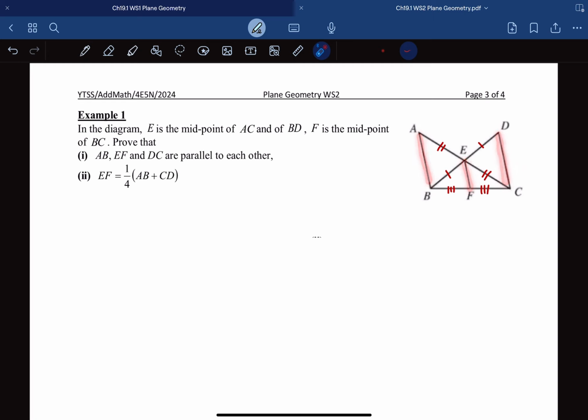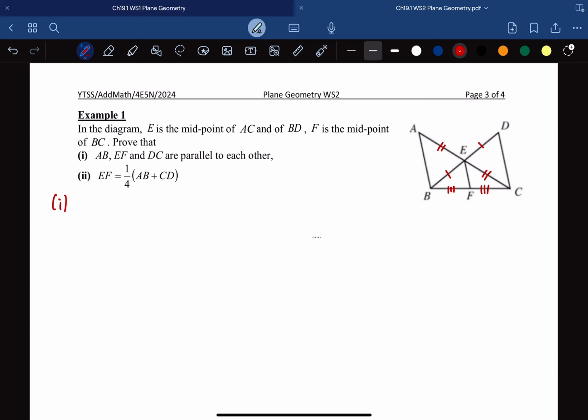to this line. Okay, so let's start by looking at this triangle here first. Triangle ABC. Okay, I know that E and F are midpoints of AC and BC respectively, and I draw a line like this. So therefore, how to present this for part 1?